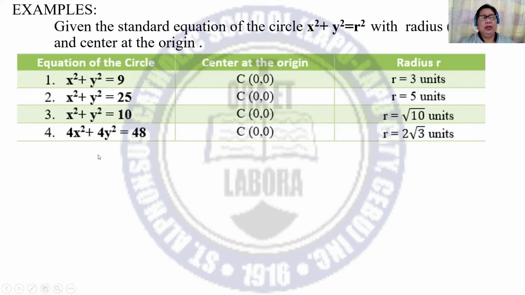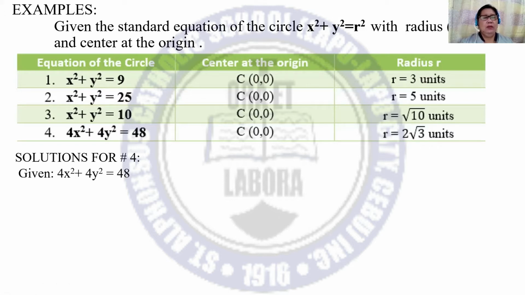For number 4, the given is 4x squared plus 4y squared is equal to 48. The center with coordinates 0, 0, still at the origin, and the radius is 2 times square root of 3 units. Let us have the solutions for number 4.